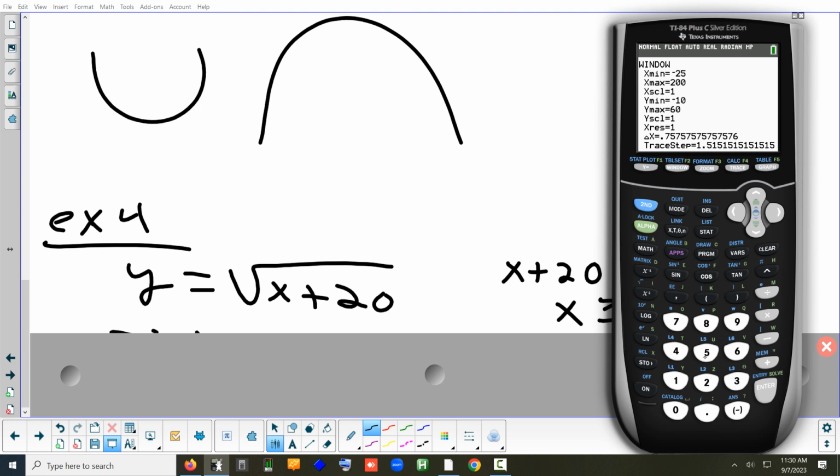But we got to see how high y needs to go. Well, if x is 200, then I plug it in, because that's just what I have in there right now. So let's go with that. What's 200 plus 20? 220. And if you take the square root of 220, where are you at roughly?